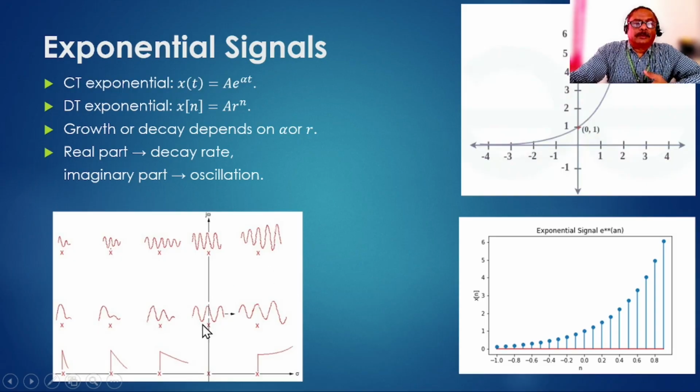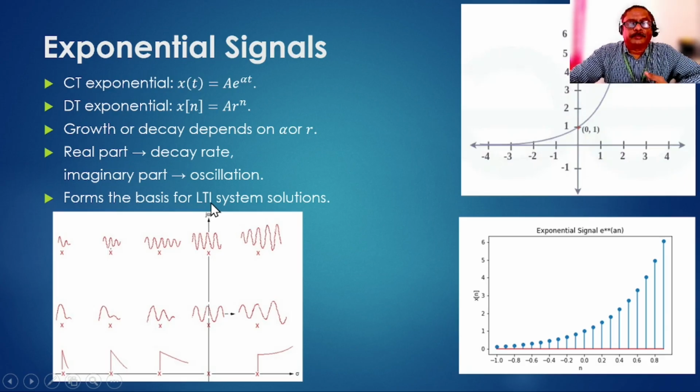So that is what we have about the exponential signals, and this exponential signal forms the basis for any LTI system solutions. LTI here is linear time invariant systems. The system is assumed to be the simplest possible, which means linear in nature. That means output and input have a linear relationship.